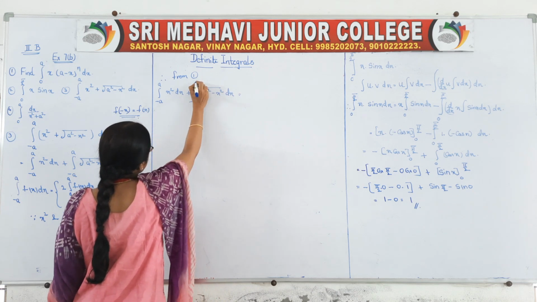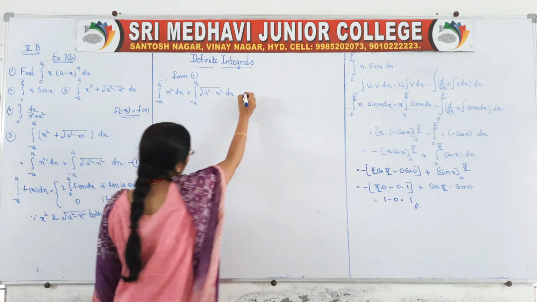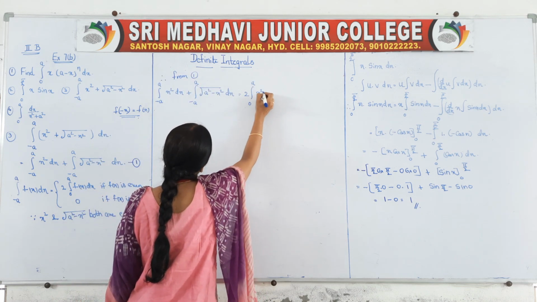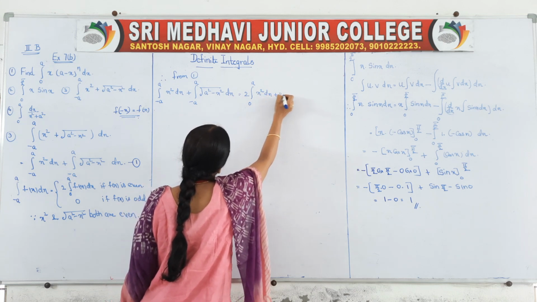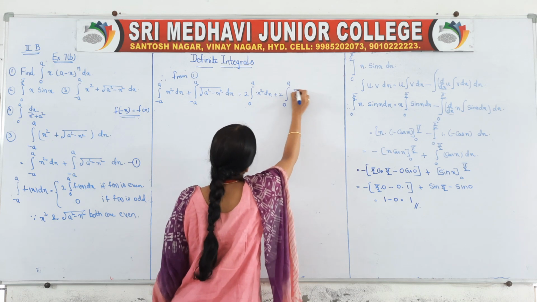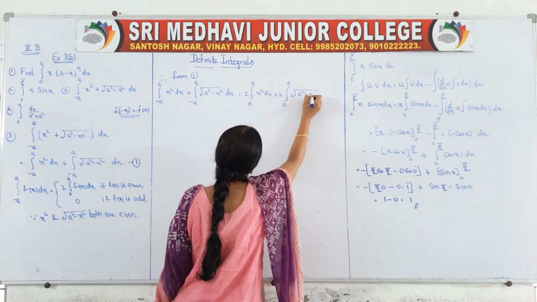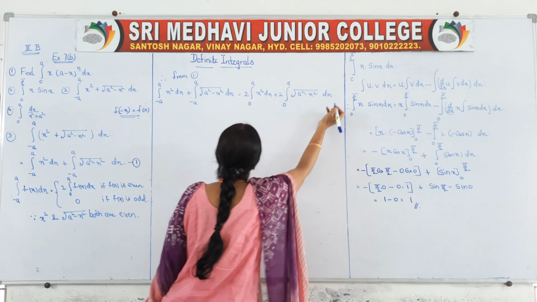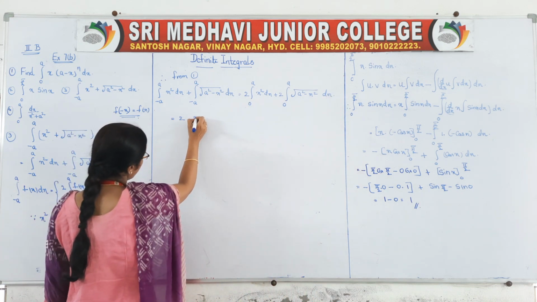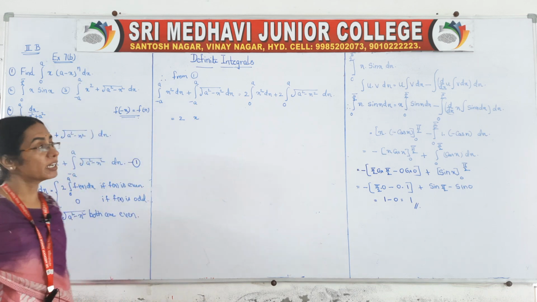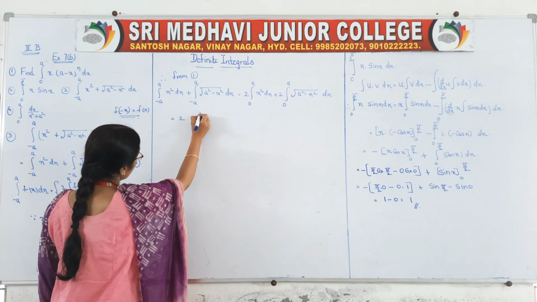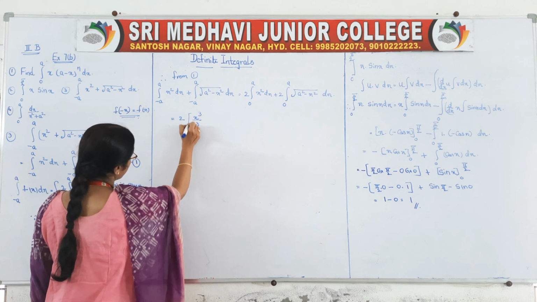How can we take it? It can be taken as 2 times the integral from 0 to a of x square dx plus 2 times the integral from 0 to a of root of a square minus x square dx. So the normal integral, 2 into x square, is the x to the power of n form. Integral of x to the power of n is x to the power of n plus 1 by n plus 1. So 2 plus 1, 3 by 3.